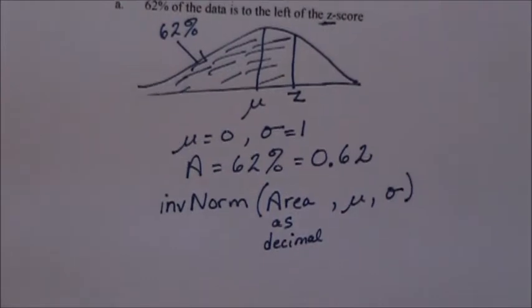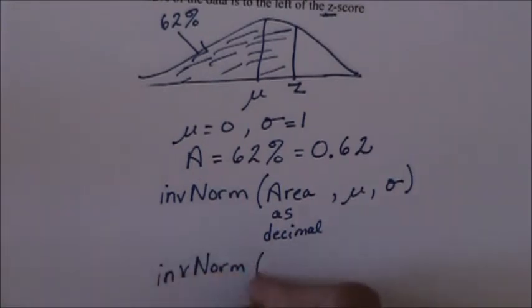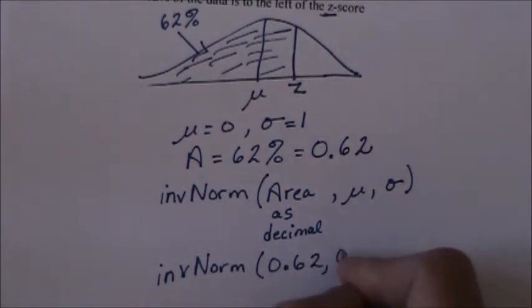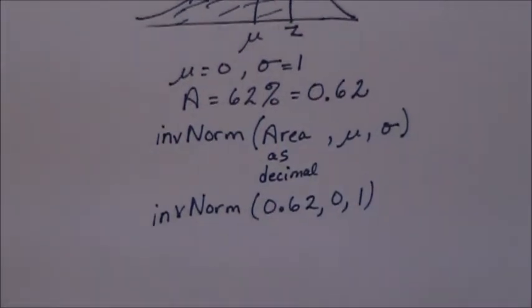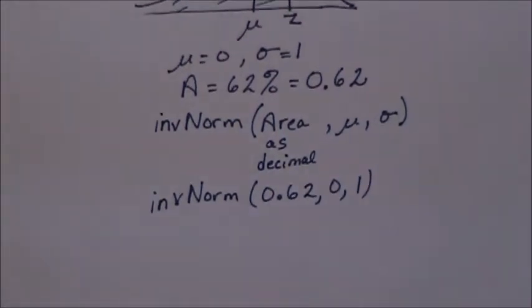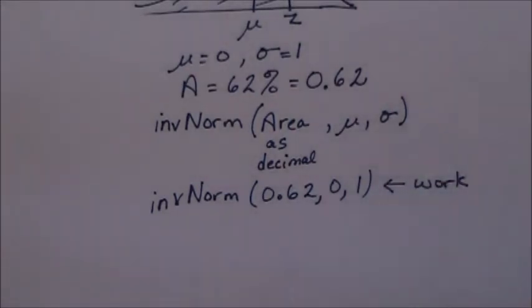So we're looking at inverse norm. For this one, our area was 0.62. Our mean was 0. Our standard deviation was 1. And again, like our normal CDF, this is the work. So this is what you need to show for your work.